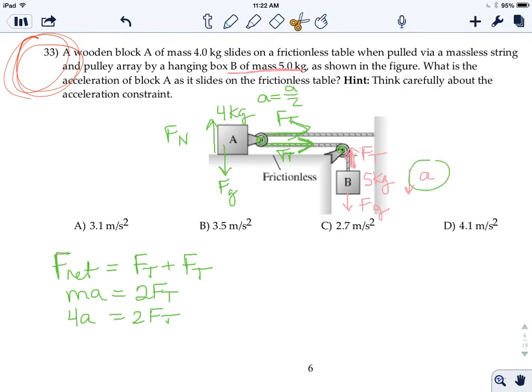So let's substitute that into our equation. 4 times the acceleration of B divided by 2 is equal to 2Ft.